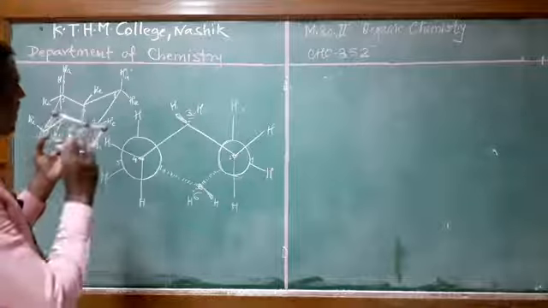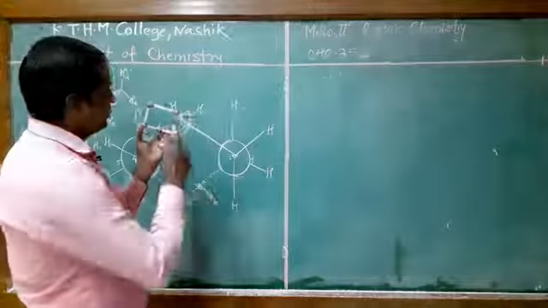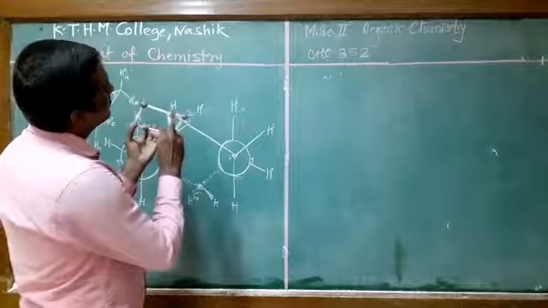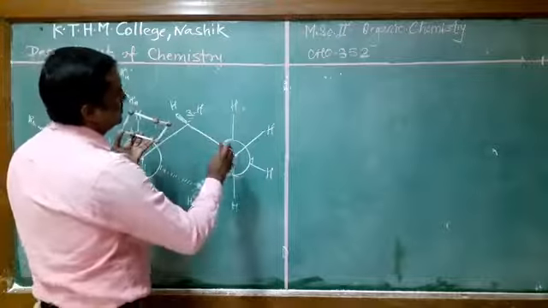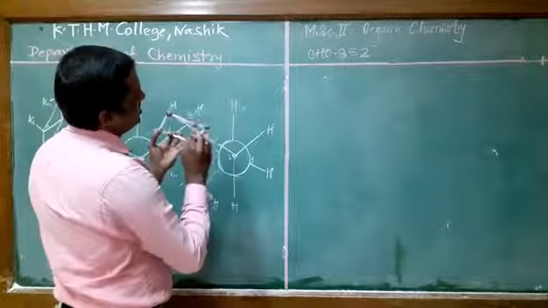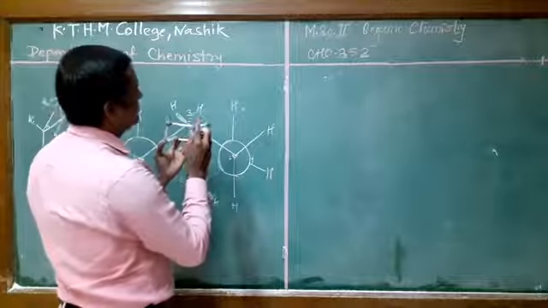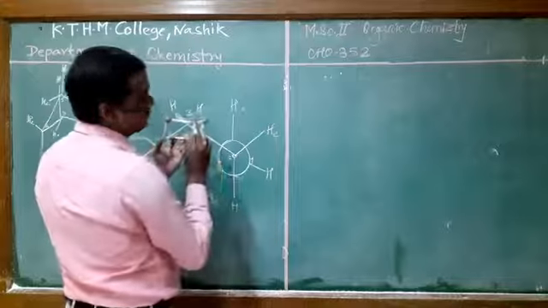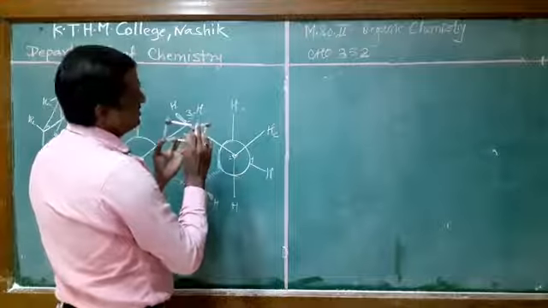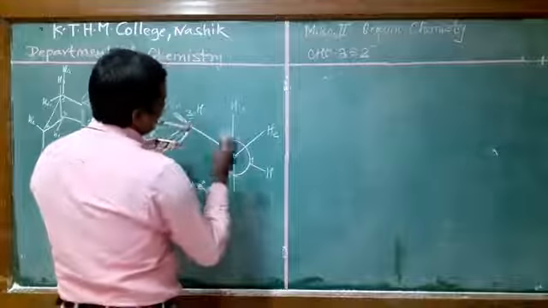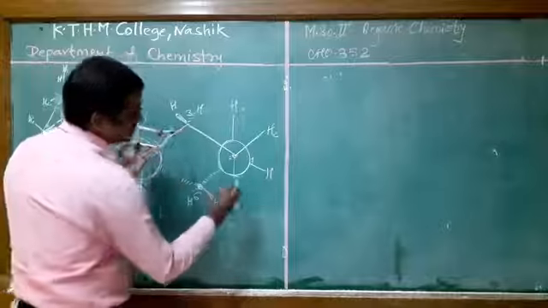Okay. So when we give the axial and equatorial position nomenclature for carbon number 2, this upward direction on the right hand side, like this, is equatorial, and this downward direction is the axial hydrogen.